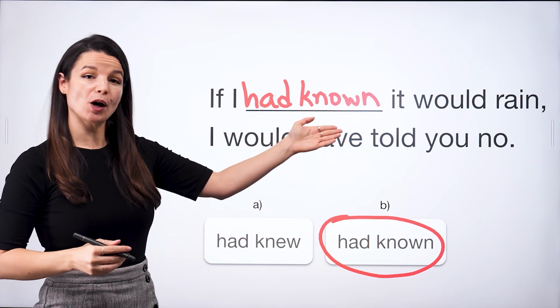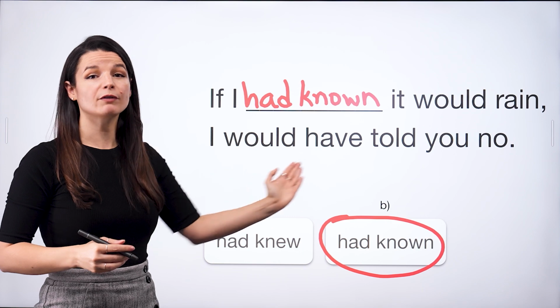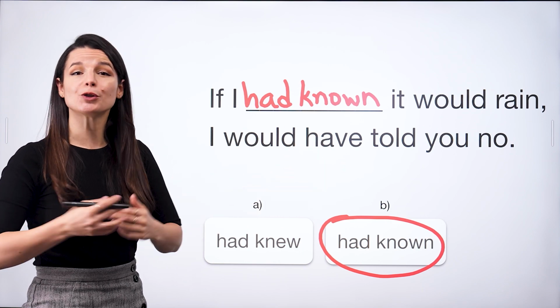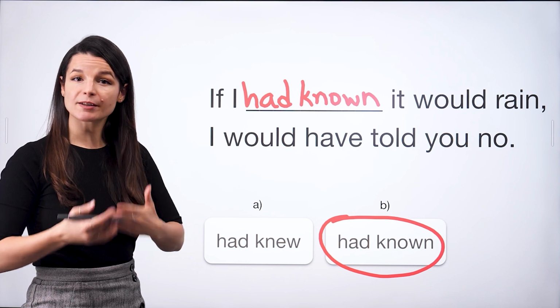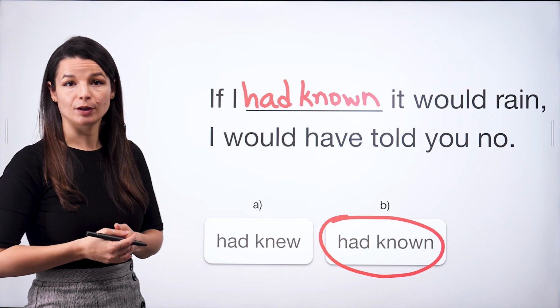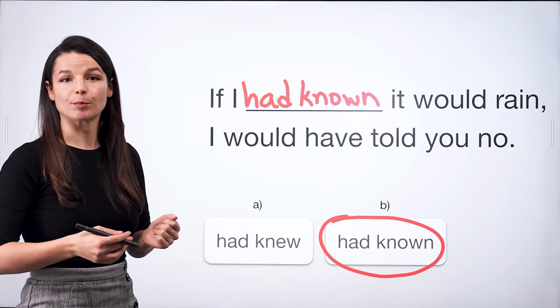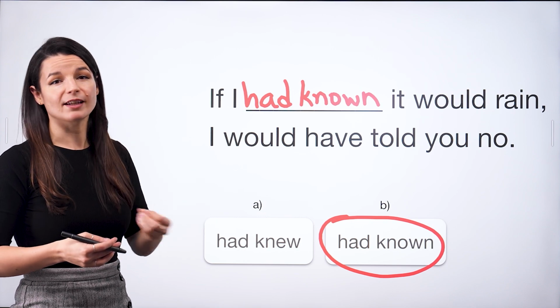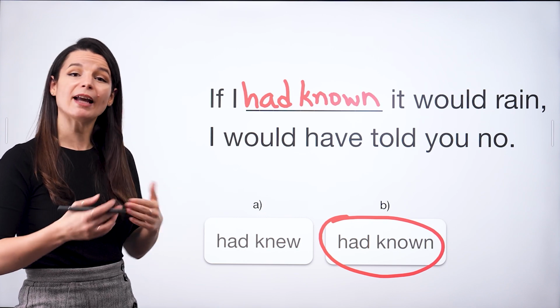If I had known it would rain, I would have told you no. To make a past perfect verb, you combine had with a past participle. Known is the past participle, so it's the correct choice. Knew is the first person singular past tense, so it's grammatically incorrect.